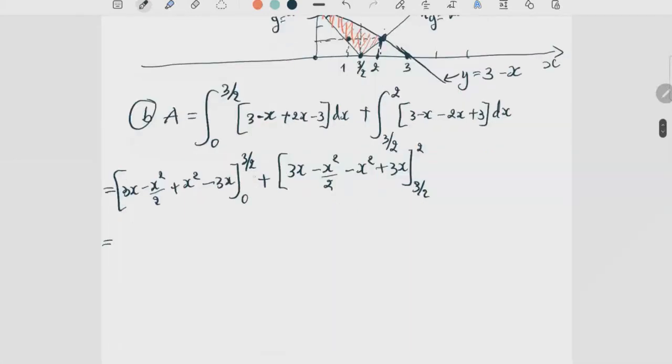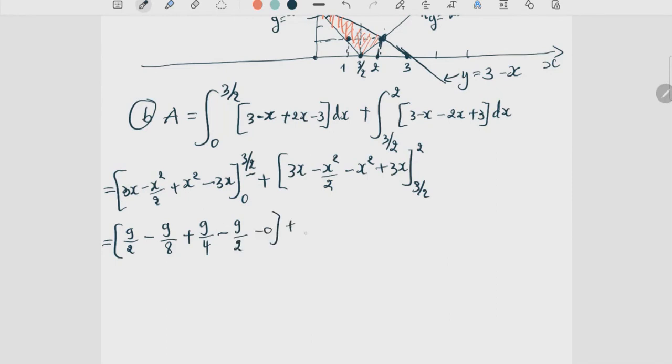When you plug in the higher limit, we have 9 over 2 minus 9 over 8 plus 9 over 4 minus 9 over 2 minus 0.